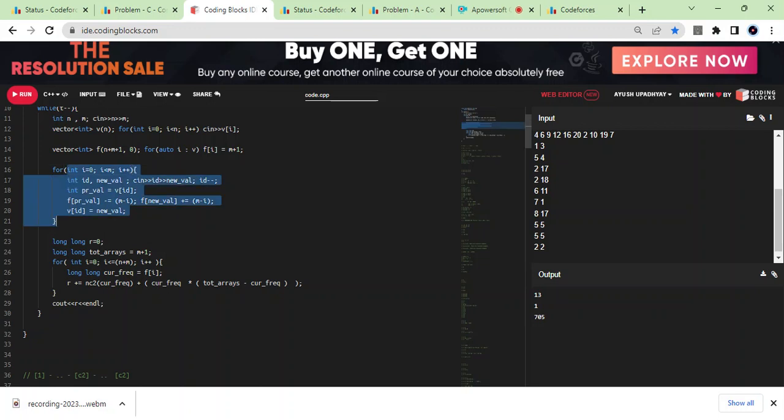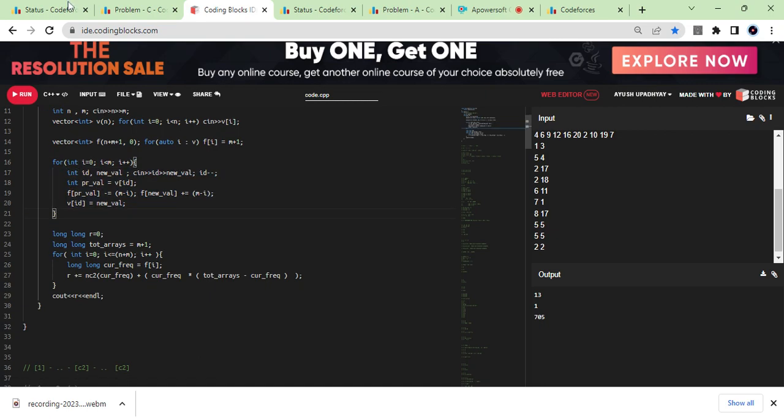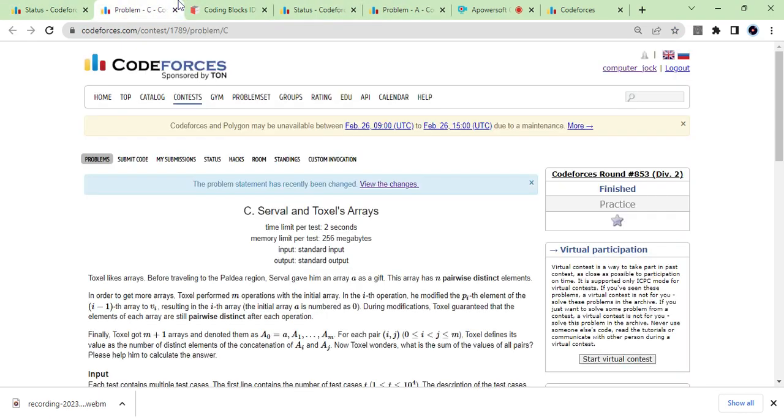This is how you calculate your frequency array, and then you calculate your final answer using the frequency array. The frequency array determines that this particular element occurs in how many arrays of that chain, and the total number of unique elements can be n plus m plus 1. So that's very less. So yeah, it gets passed in time complexity. That's about it. Bye.